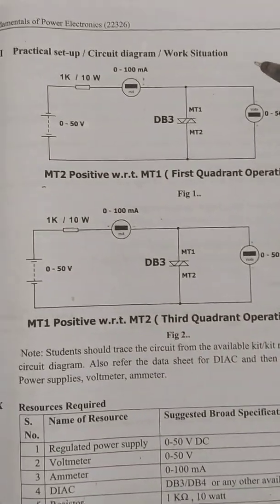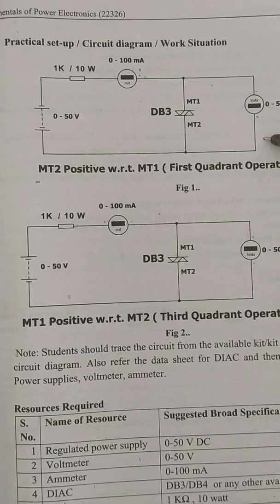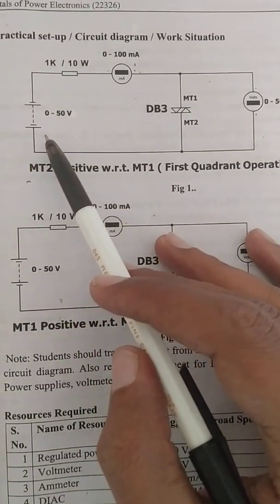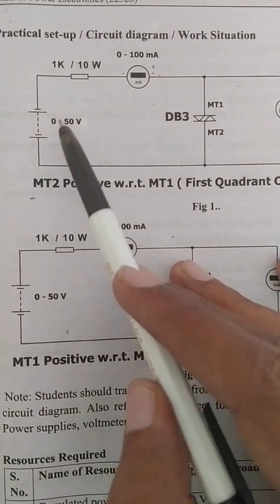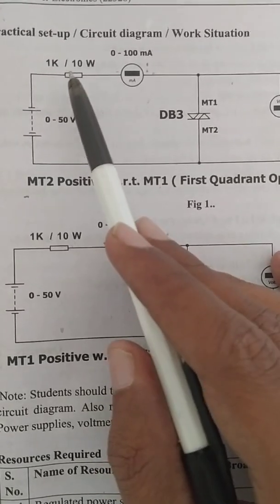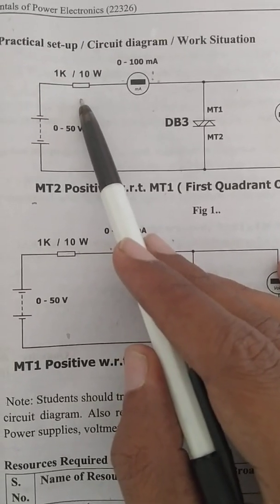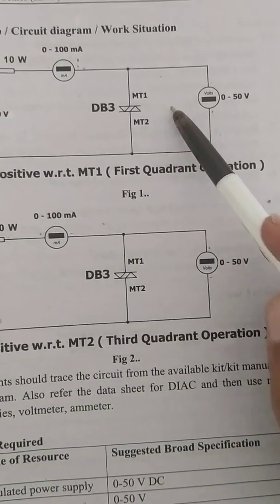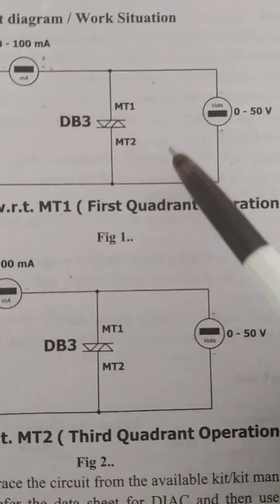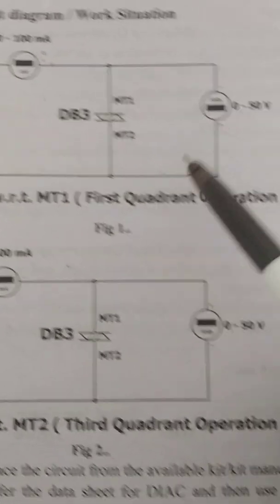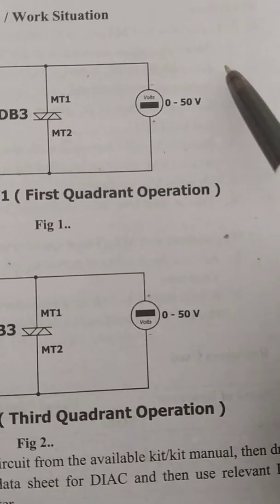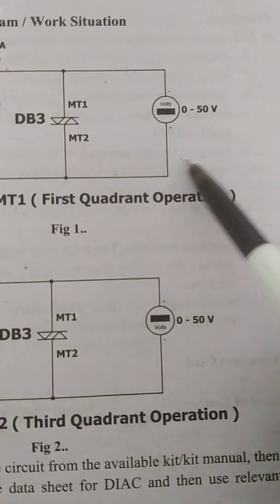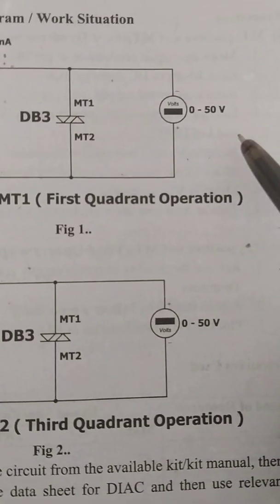The circuit diagram for this DIAC consists of a power supply from 0 to 50 volt, a resistor, a current meter, the DIAC having two terminals MT1 and MT2, and a voltmeter to measure the value of voltage.